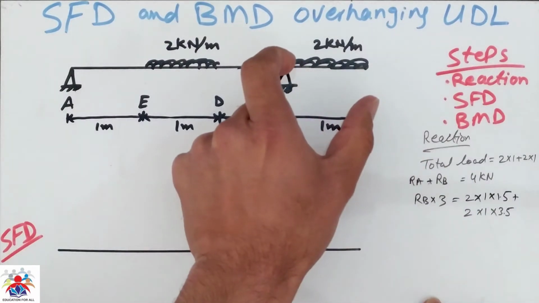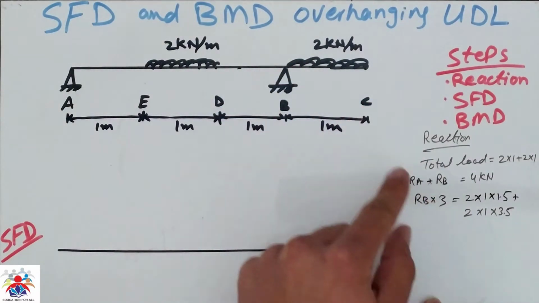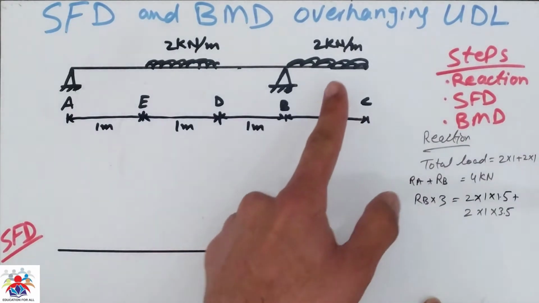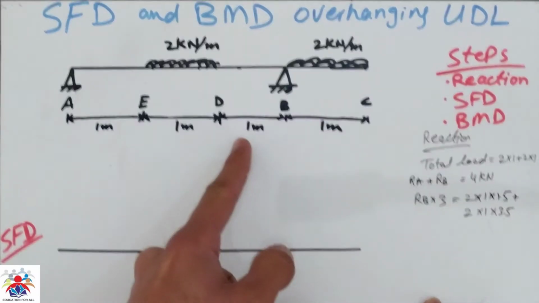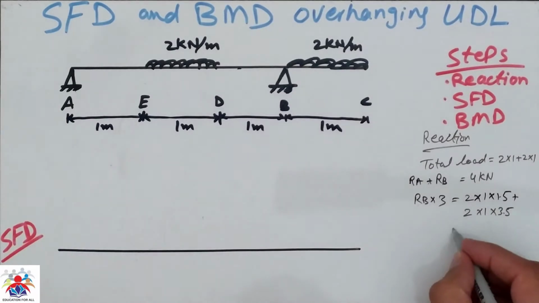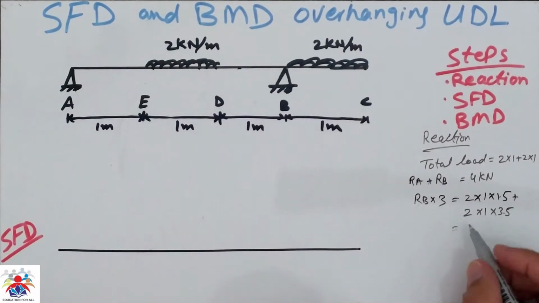Then the next one we have is the UDL from B to C, which is 2 multiplied by 1, which is a load, multiplied by 3.5. So half the distance from here, and we have 3 meters from here. So 3.5 is here. So altogether it will be 3 plus 7 equals 10.